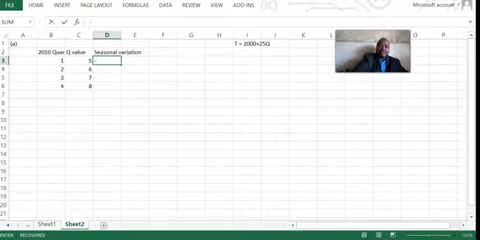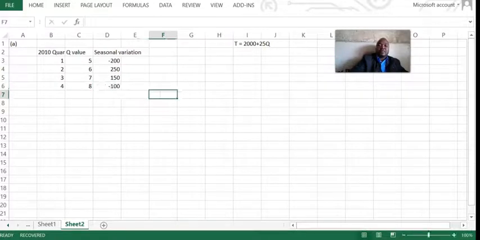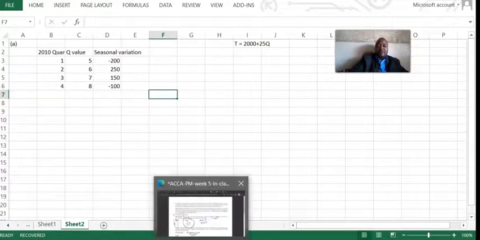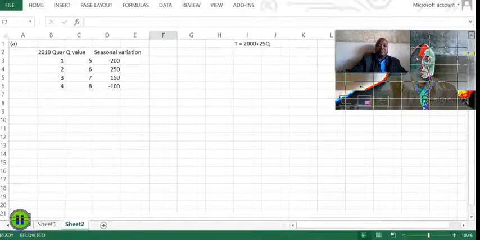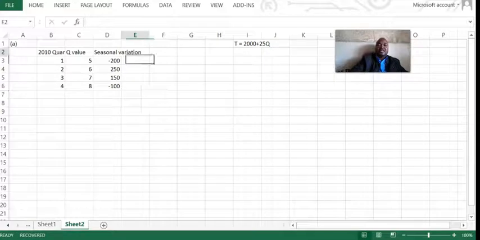So that's minus 200, plus 250, 150, and a negative 100. I hope I picked the figures correctly. Yes, super.